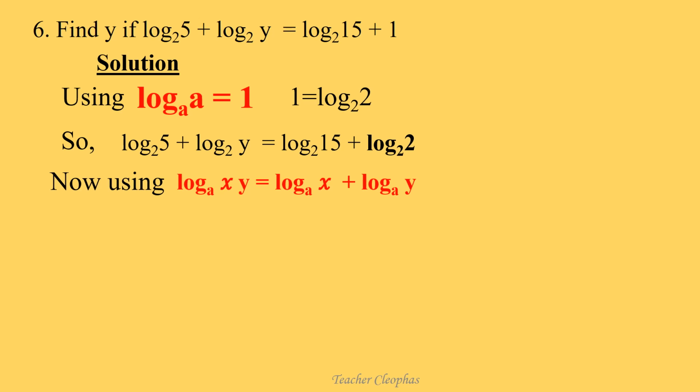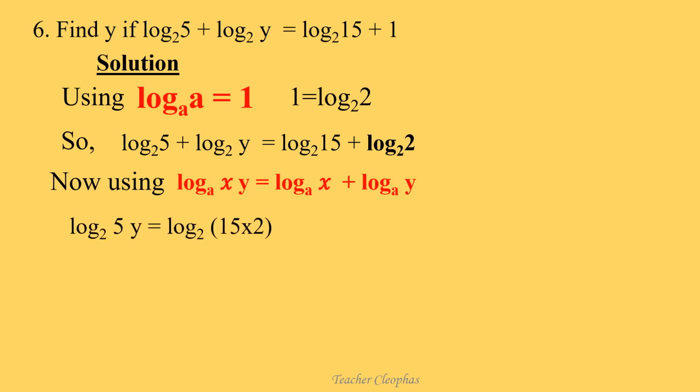That is, the logarithm of xy equals the logarithm of x plus the logarithm of y, everything to the same base. So on the left hand side of our equation, we have the logarithm of 5 plus the logarithm of y. This is the same as the logarithm of 5 times y. And on the right hand side, we have the logarithm of 15 plus the logarithm of 2. This is the same as the logarithm of 15 times 2.